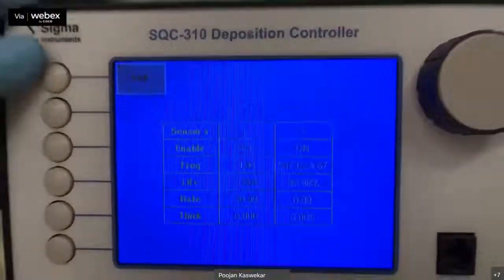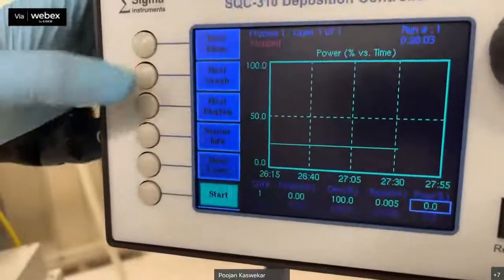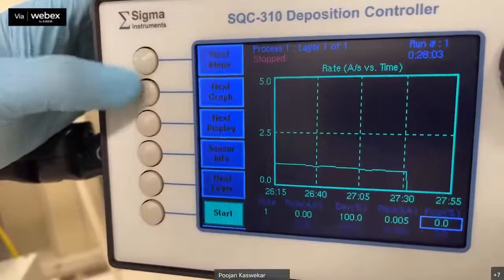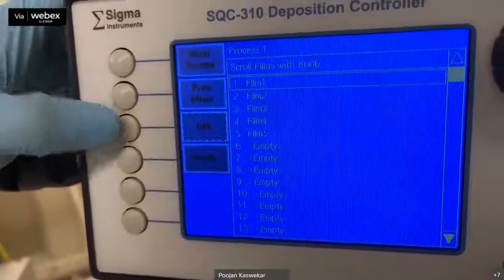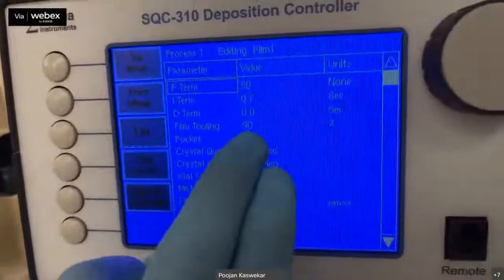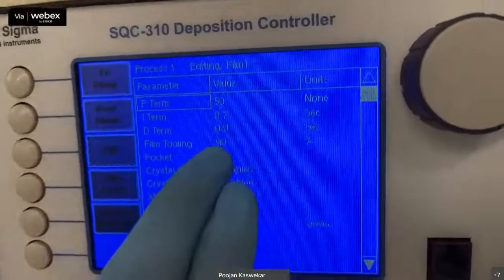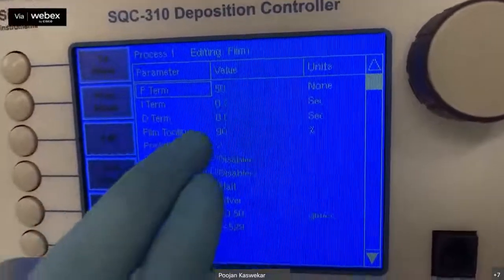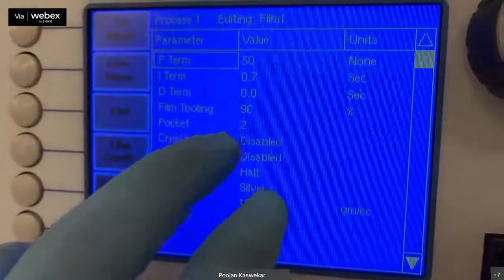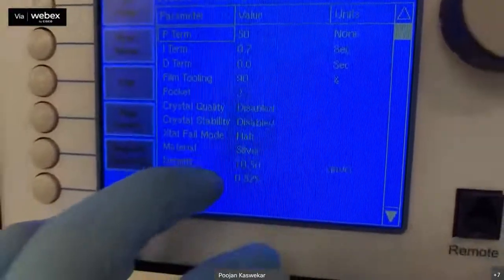All you need to know for depositing a material is mostly these three parameters. Tooling factor, which you can adjust with an equation using the actual tooling, the tooling used here, the actual thickness, and the thickness you got from the sensor.